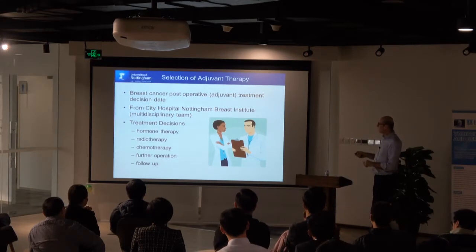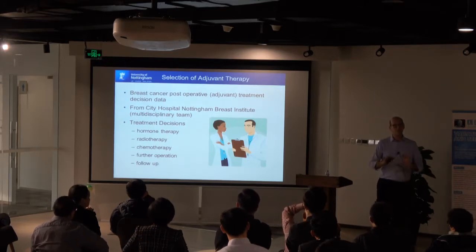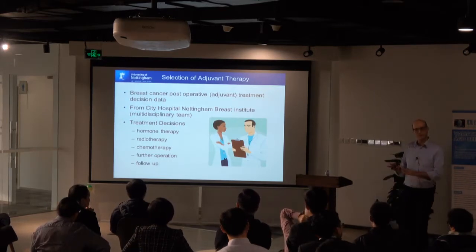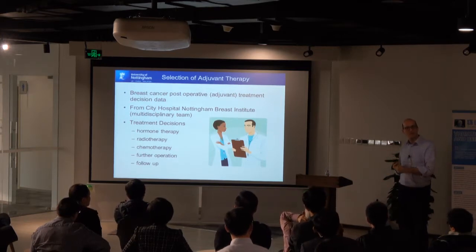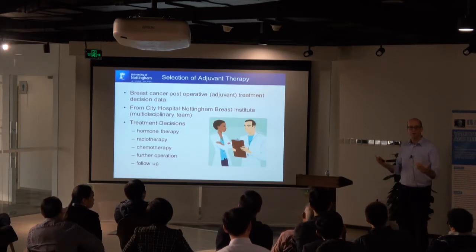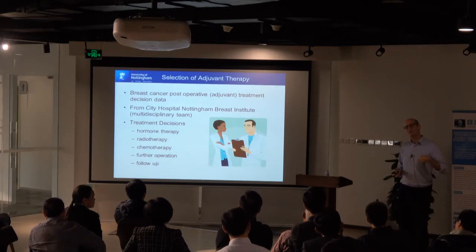Here we're working with the treatment of people who have got breast cancer. We're not trying to say whether they've got breast cancer. This is a group of women, all of whom had breast cancer. The first thing you do without any further decision is have surgery and remove the tumour.